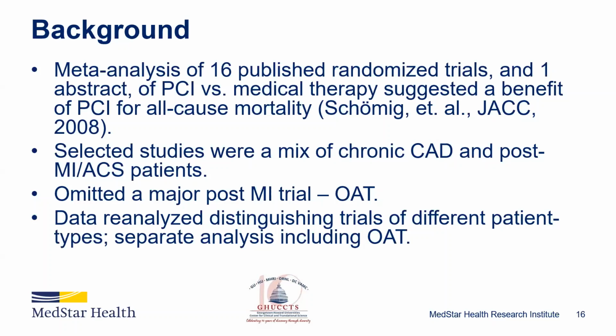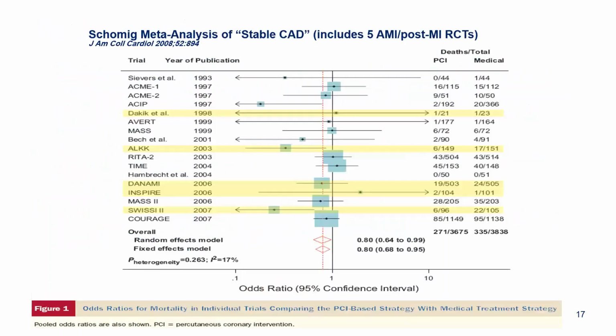And so what we did is we took the data, because you actually have the data in the meta-analysis paper, and we reanalyzed it, distinguishing trials of different patient types. And then we did another analysis where we included the occluded artery trial.